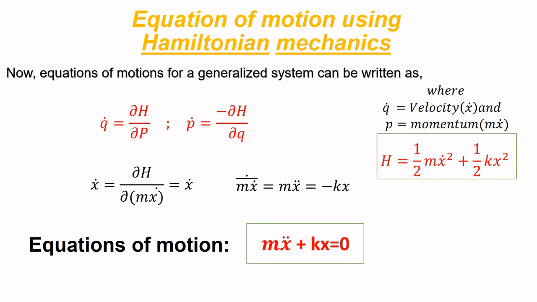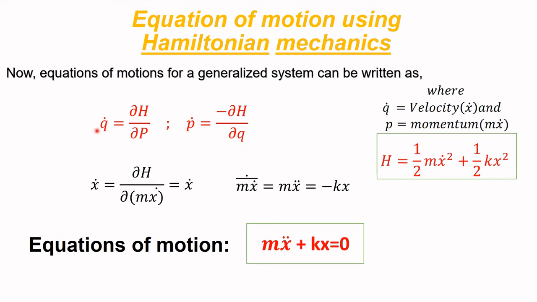To write the equation of motion for a generalized system, it can be written as q̇ equal to ∂H/∂p, and ṗ equal to minus ∂H/∂q.